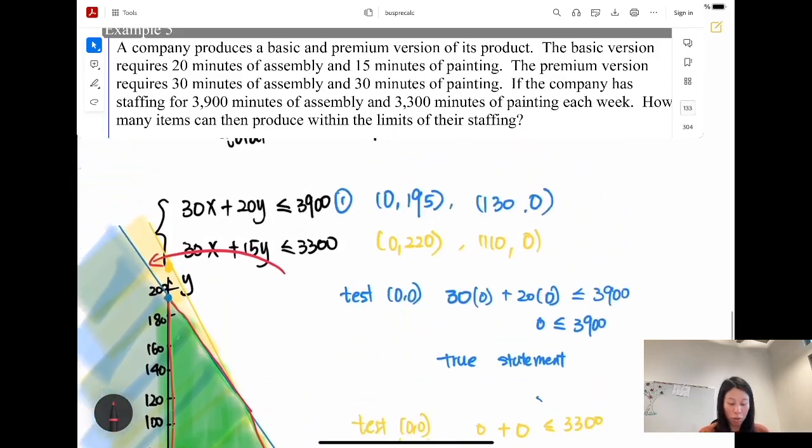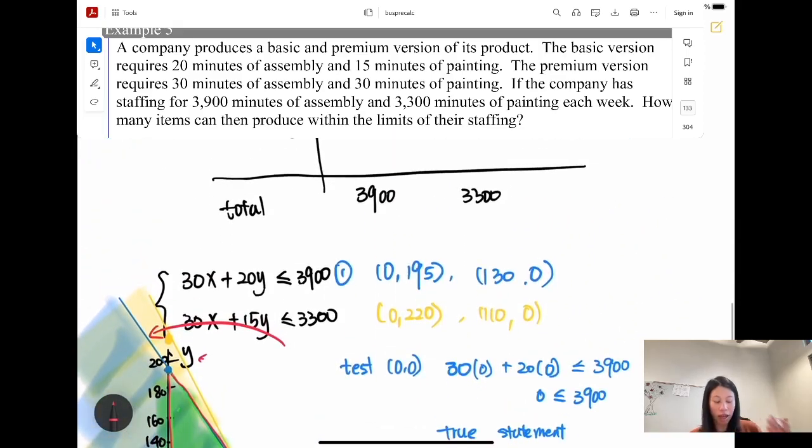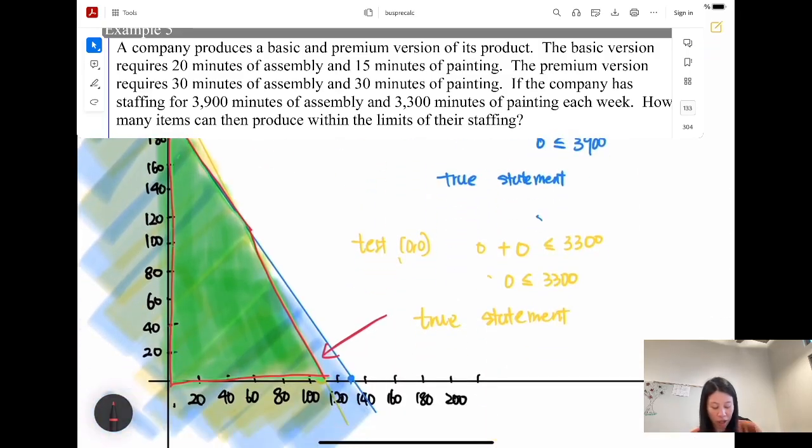Remember, y represents the basic product, and x represents the premium product. So I pick a random point in here, which is x equals 0, y equals 40. That means if we produce 0 premium products and 40 basic products, it is still within the limit of staffing.